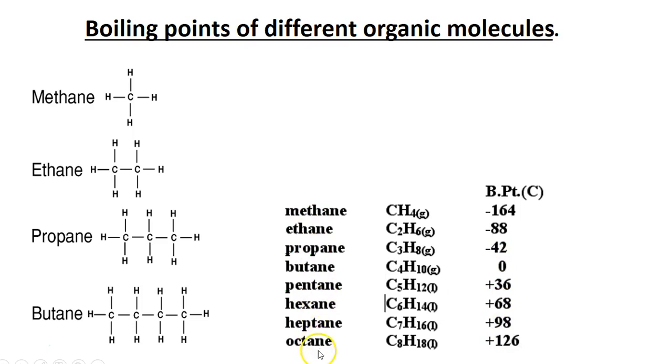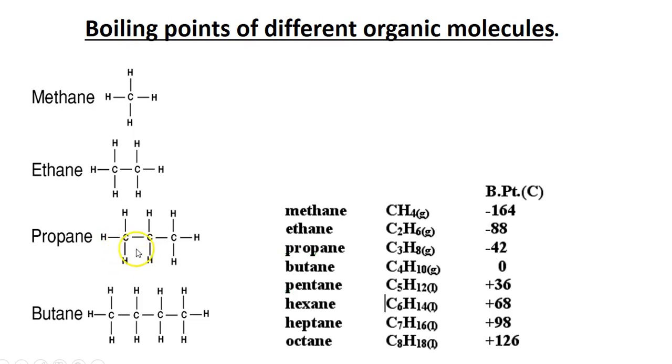So as you're getting larger and larger molecules, you're having more and more electrons, which means that the chances of the electrons, these electrons are flowing all around the bonds. Occasionally they could end up over here, which would make this end, this hydrogen, a little bit negative, and the hydrogen and the carbon down this end a little bit positive.